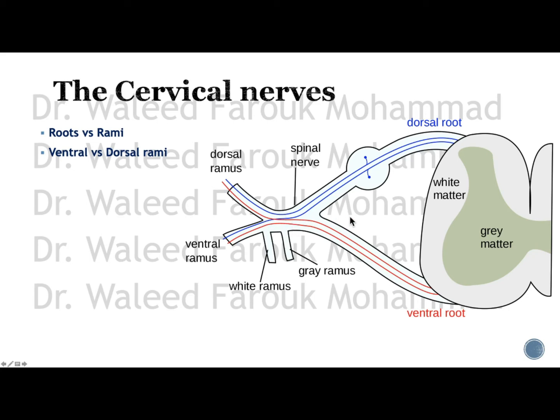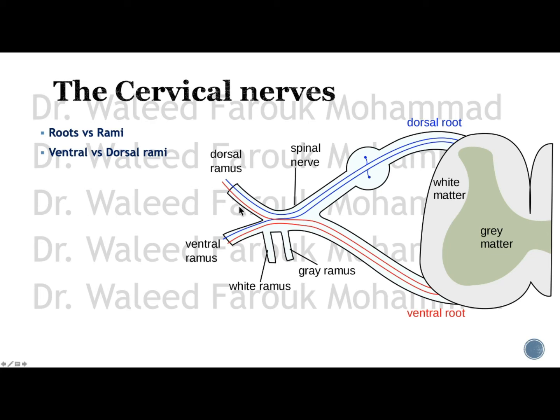Note that the posterior root carries sensory impulses, the anterior root carries motor impulses, and they are distributed throughout the rami. Now, what am I trying to get to here? Dorsal rami of nerves never ever form plexuses.